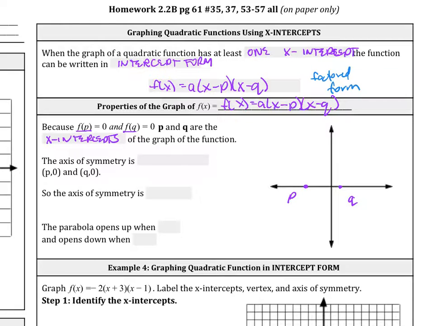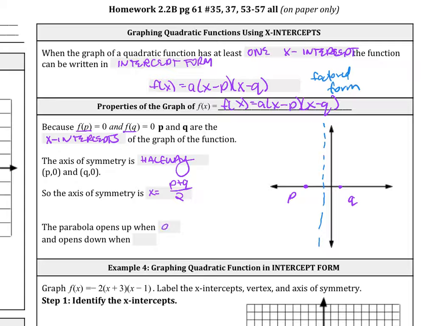P and q are x-intercepts. The axis of symmetry is halfway between p and q. So if we have 2 points here on our parabola, we know that the axis of symmetry has to be halfway between. So therefore, the axis of symmetry is x equals p plus q over 2. It's the mean between those 2 points.